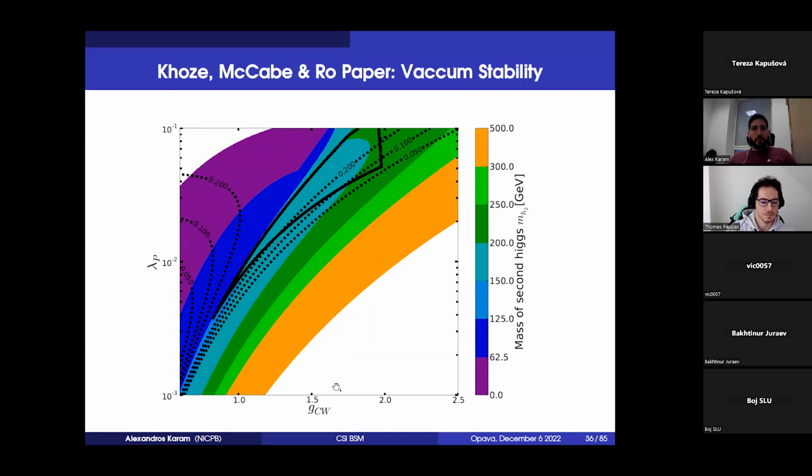And they found that in the lambda portal versus gX plane, this black region, the region contained in this triangle, actually stabilizes the Higgs potential. So if gX is approximately above 1 to 1.8, 1.9, and the portal coupling is above 10 to the minus 2, the Higgs potential can be stabilized. And in this range, the second scalar mass is around 100 to 200 GeV.